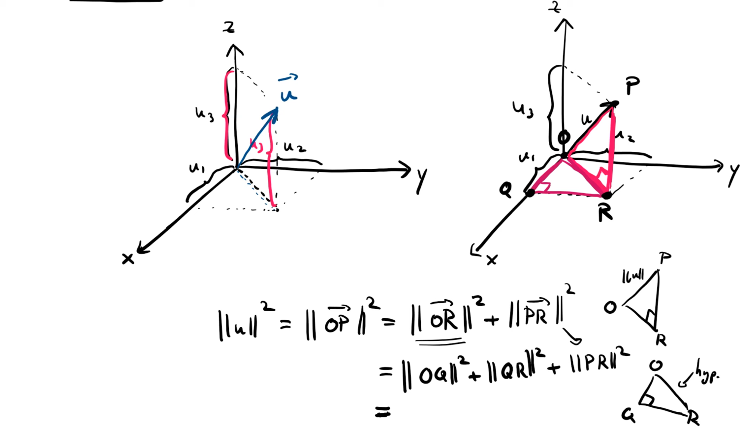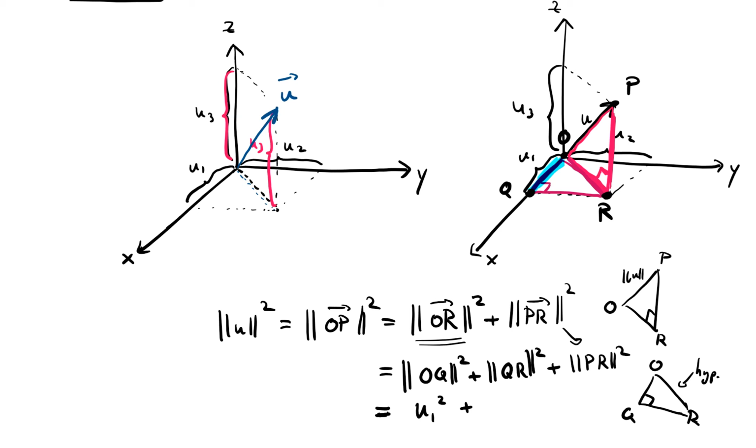Okay, and let's take a look at what's the norm of OQ. OQ is right here on the diagram. So OQ is what we call U1. Aha. So it's U1 squared. Well, you might say, U1 could be negative, so the norm of OQ is something that's positive, but everything's squared eventually, so it doesn't matter whether U1 is a positive or a negative term, because when we square it, we do get something positive anyway.